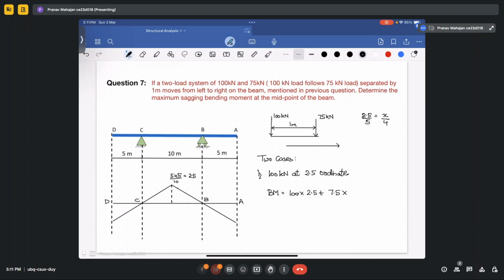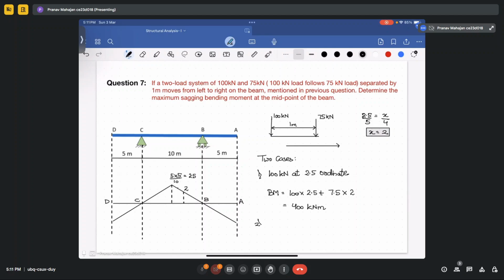It will come out to be 2. So your ordinate at a distance of 1 meter will be 2. So it will be 75 into 2. So what will we get? You will get the value as 400 kilonewton meter.